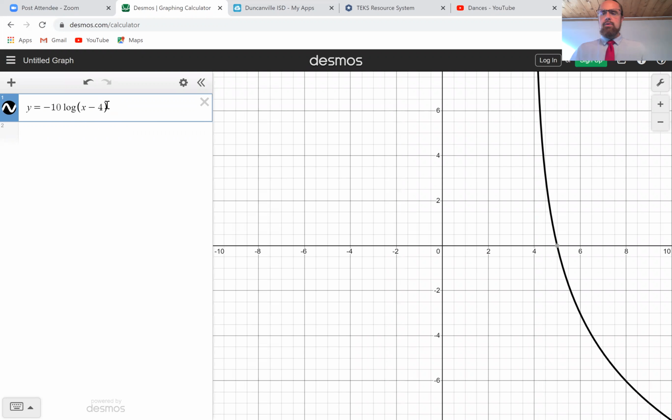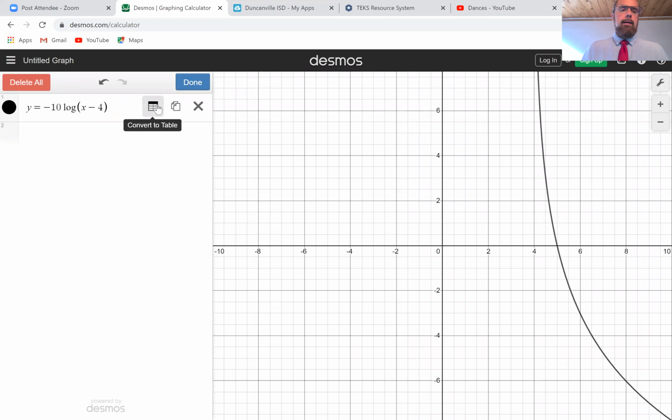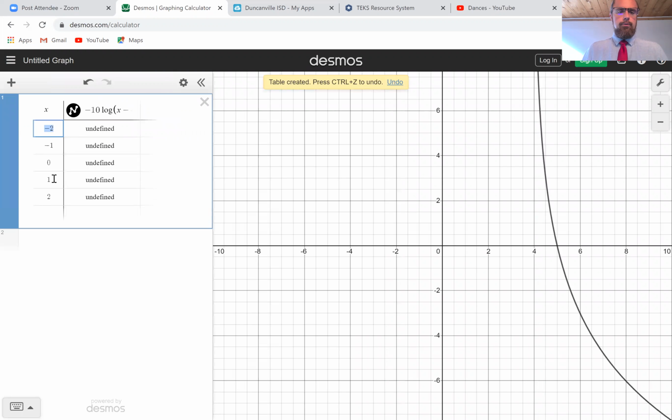I see by the graph that the way this one's been transformed, I'm not going to have any graphable points that are less than positive 4. So I'm going to adjust my table. We can see what will happen if we just choose negative 2 through 2. Everything's undefined. So where we need to start is probably with 4.